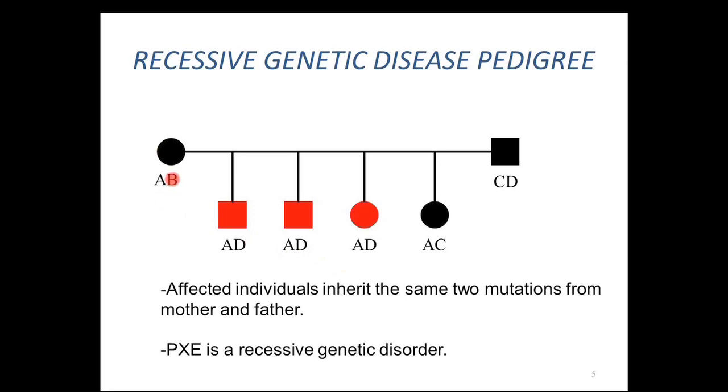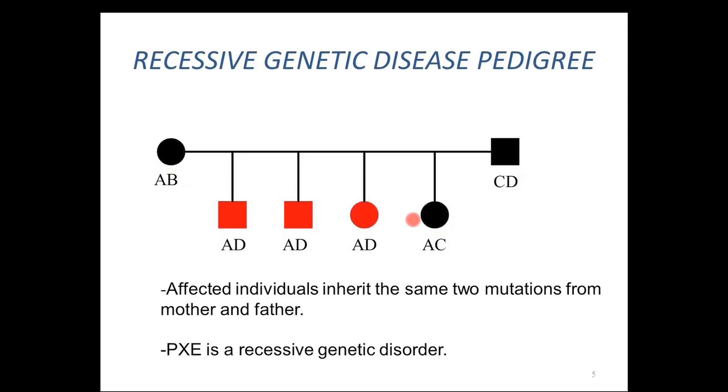So in this example, this would be the mother, this would be the father, if we can distinguish their two chromosomes, you can see that the three people who have the disease inherited the A chromosome from the mother and the D chromosome from the father.